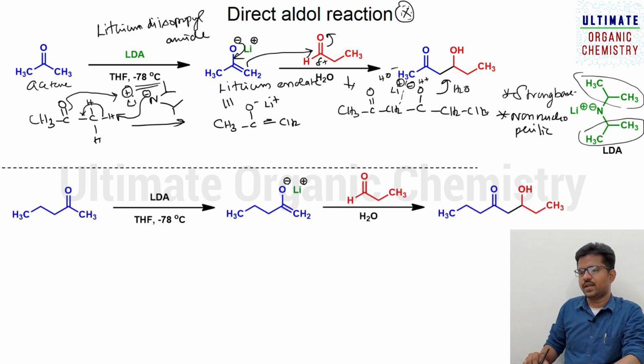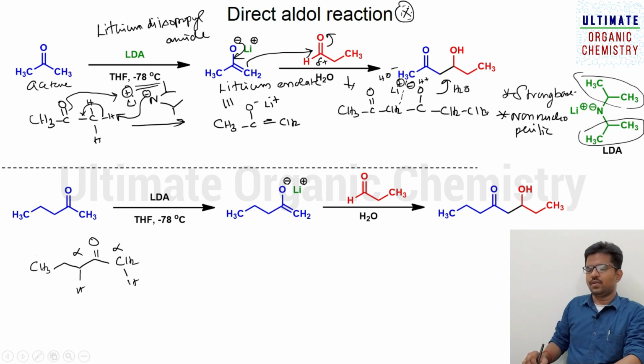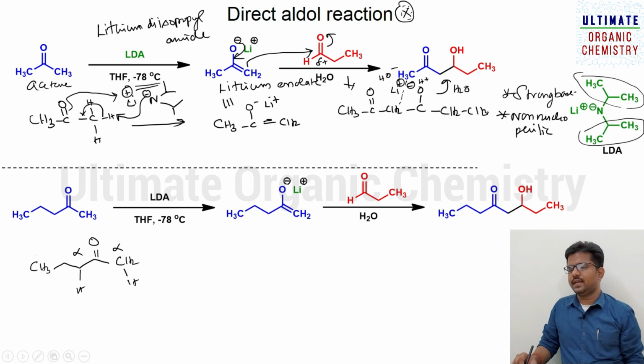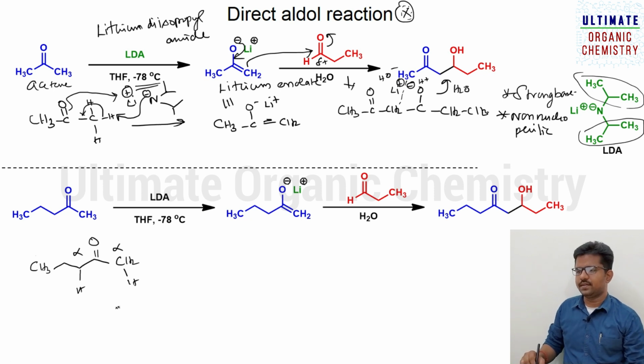So we have another example. Here you have a ketone, that is 1, 2, 3, 4, 5, that is 2-pentanone. In this case, when it is treated with LDA, the LDA can take this hydrogen or this hydrogen, because this is also an alpha carbon, this is also an alpha carbon. Okay, so LDA is a sterically hindered base.